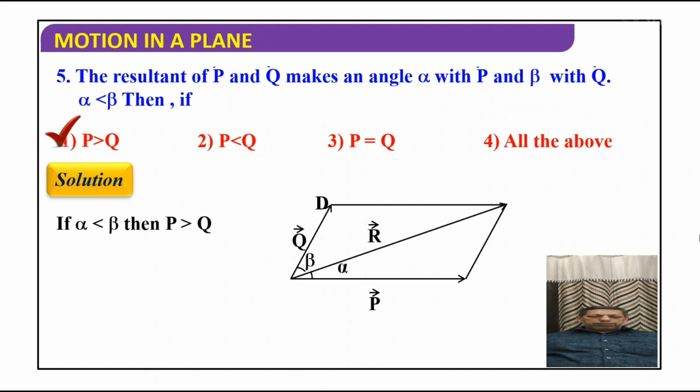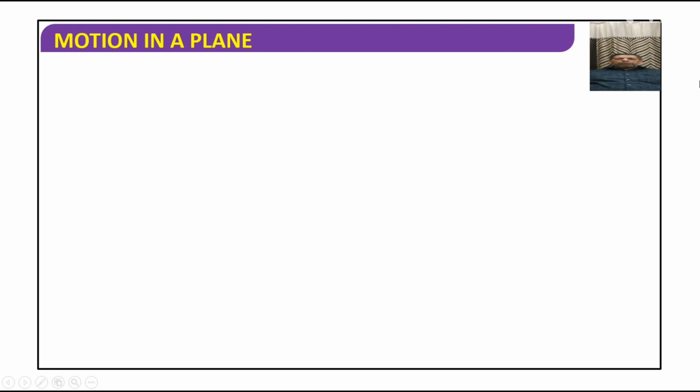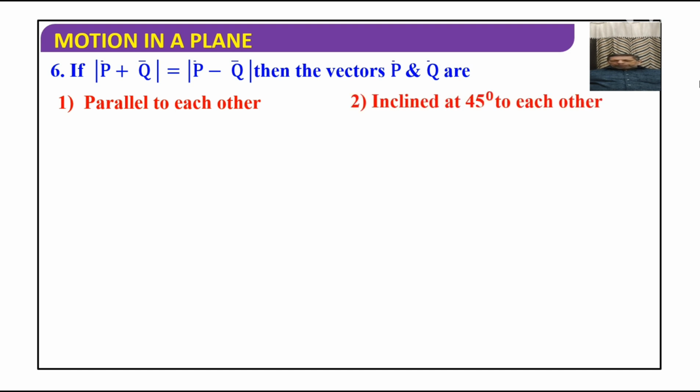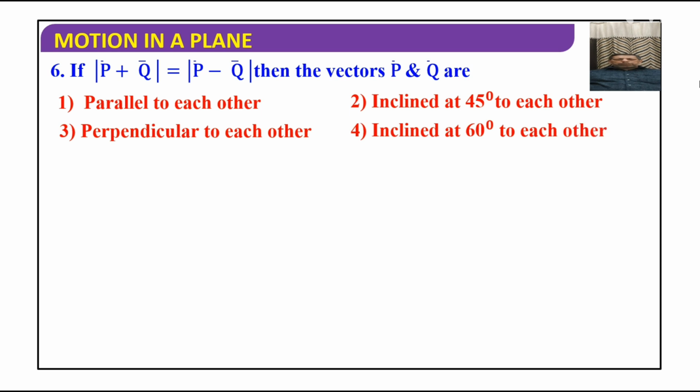If mod of vector P plus Q is equal to mod of vector P minus Q, then the vectors P and Q are: number 1 parallel to each other, number 2 inclined at 45 degree to each other, number 3 perpendicular to each other, number 4 inclined at 60 degree to each other.